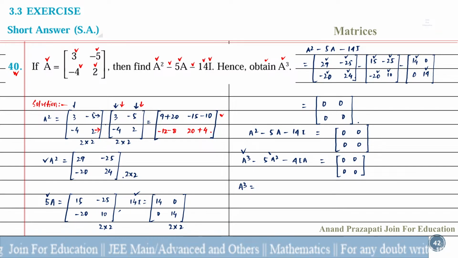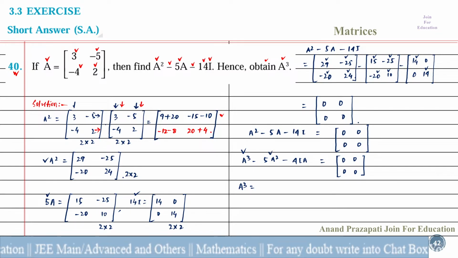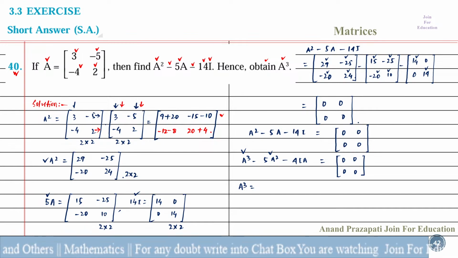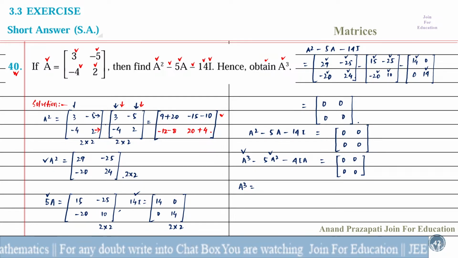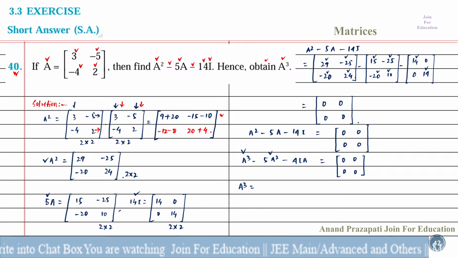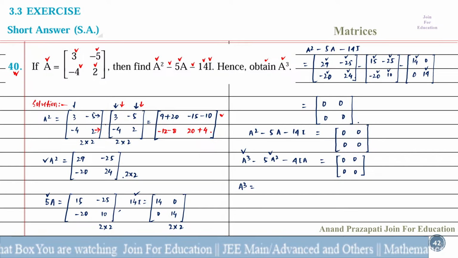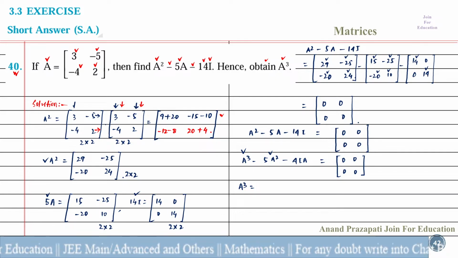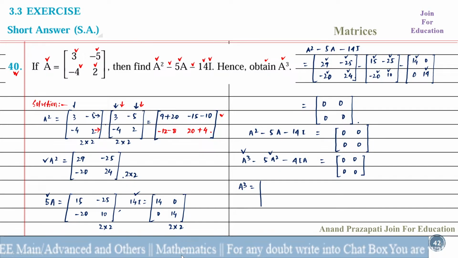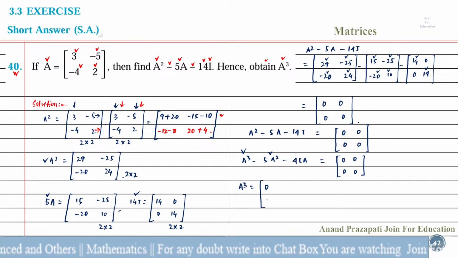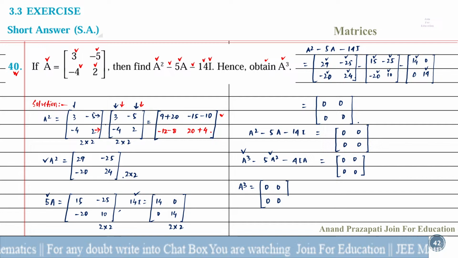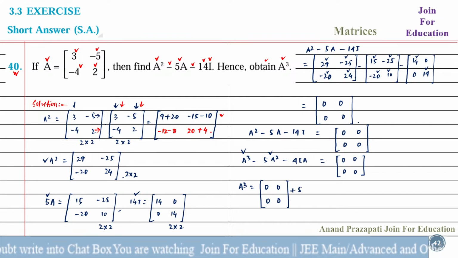when we move this one to the right hand side, then we get here 0, 0, 0, 0 plus 5A square.